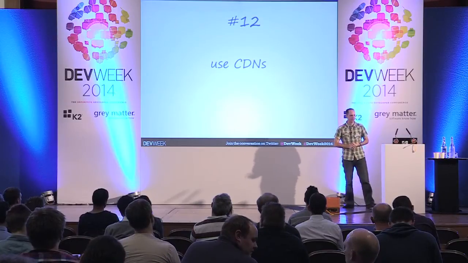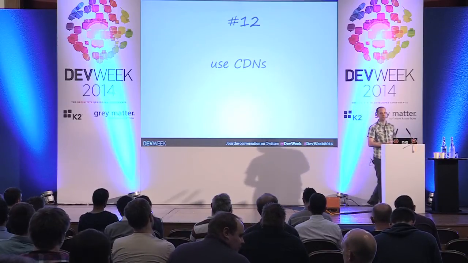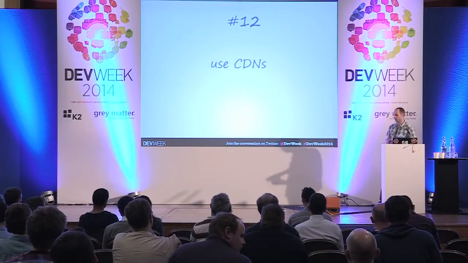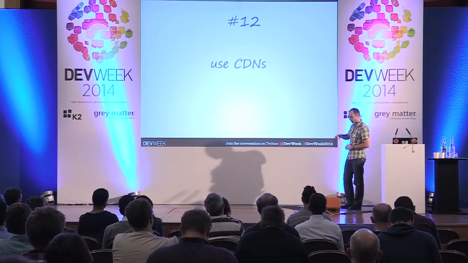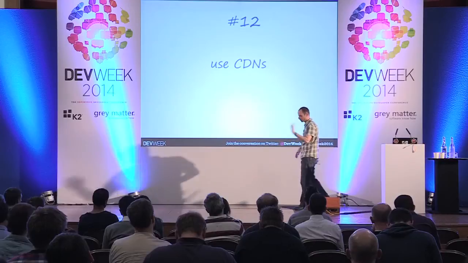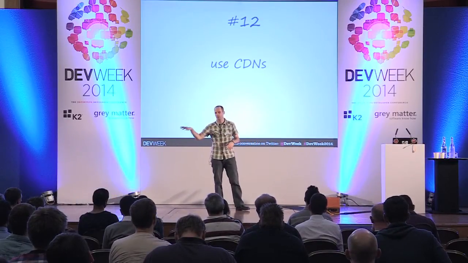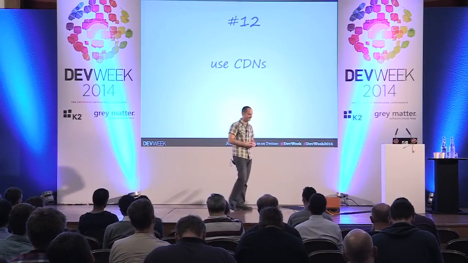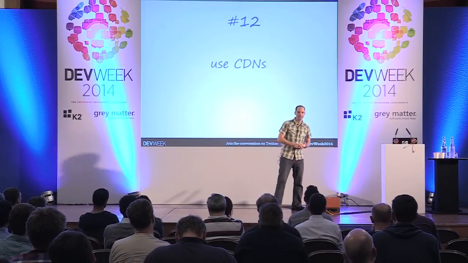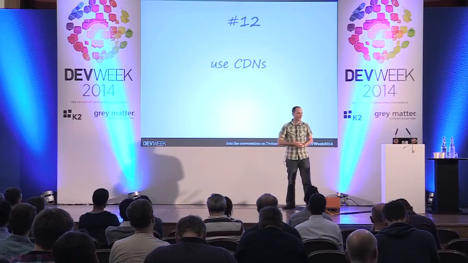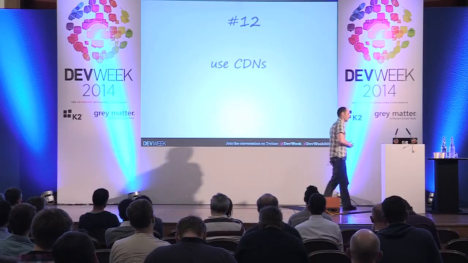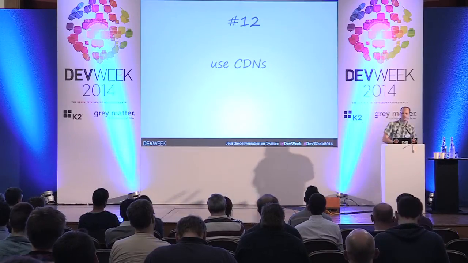CDNs. CDNs are great. They take load from our server and put the load on other servers from Google, from other companies. And if we can put load on other servers, there's nothing more fun than that. Maybe there are some things that are more fun than that, but it's good.